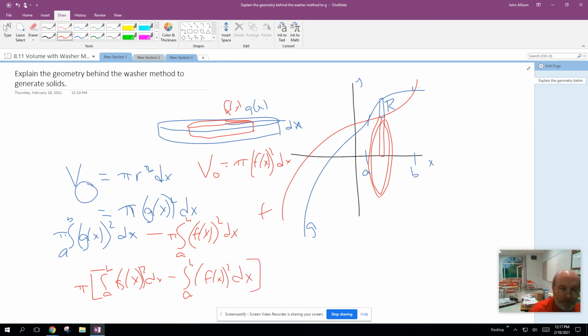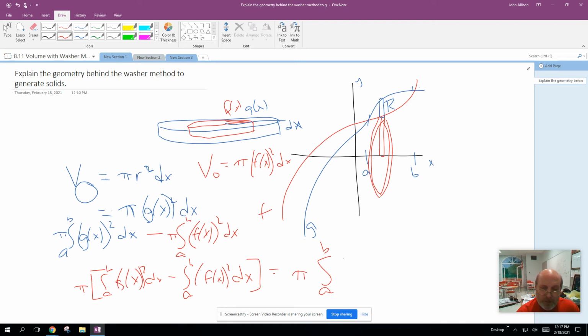Remember, the integral is a linear operator, meaning the difference of two integrals with the same limits of integration is the integral of the difference of those two functions.